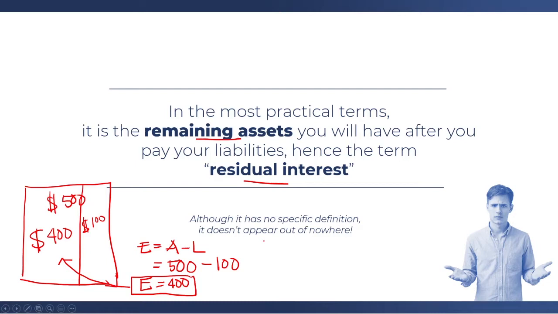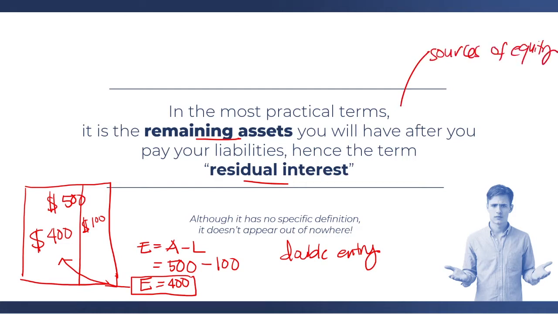Although it has no specific definition, it doesn't appear out of nowhere like that. In fact, due to the double entry nature of accounting, we are actually accounting for equity almost at the same time as assets and liabilities. So now I would like to focus on the discussion of two things. Number one, what are the sources of equity? Just as we have sources of assets and liabilities, we should have sources of equity as well.